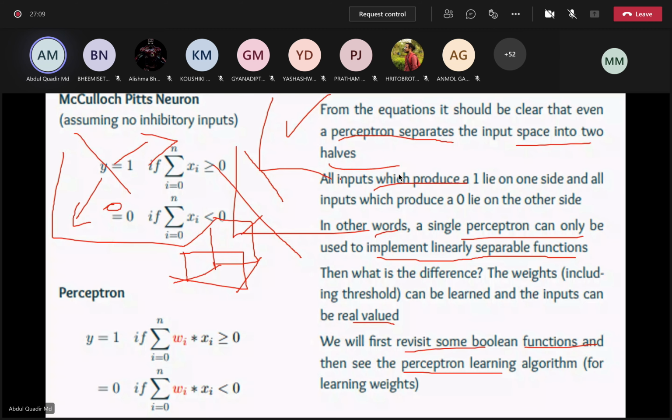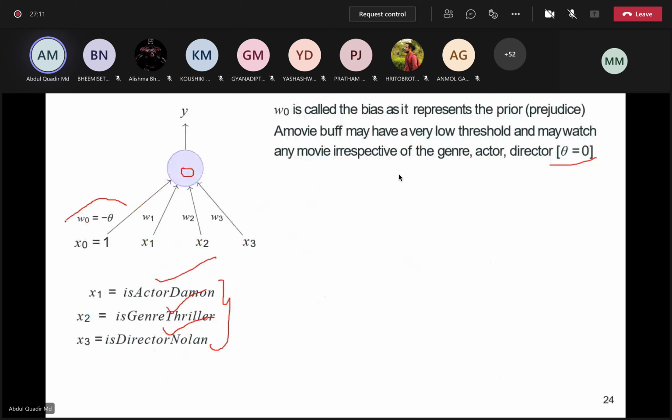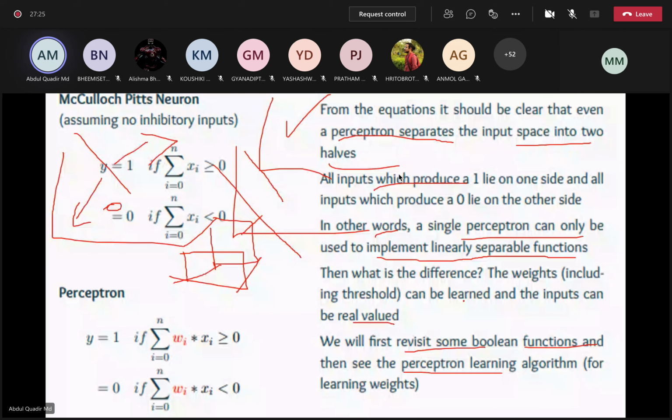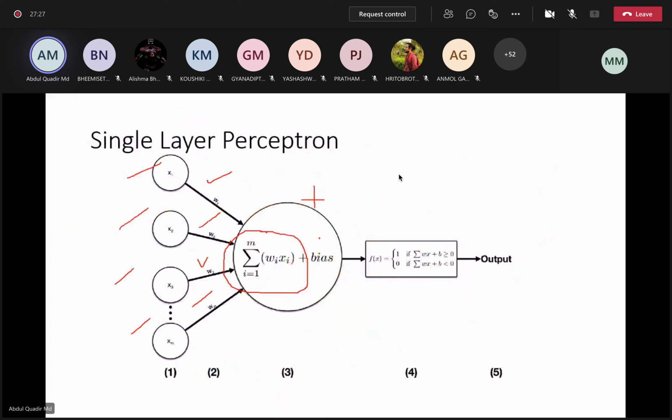I told you, right? I added a bias, x0 equal to 1 and theta equal to minus theta. We'll add it as a bias normally.